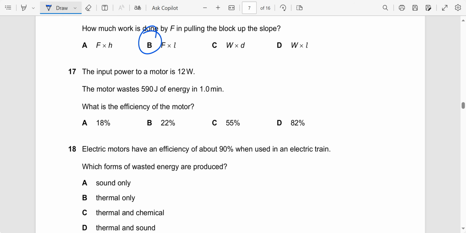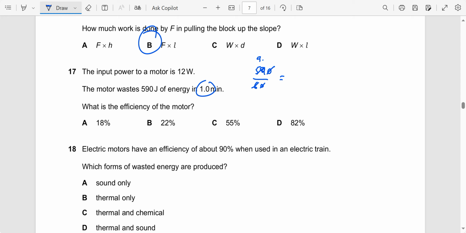The input power of a motor is 12 watts. The motor wastes 50 joules of energy in 1 minute. What is the efficiency of the motor? So it's in 1 minute, so it's 60 seconds, so it is energy over time. So 590 over 60, that is going to be approximately 9 point something.